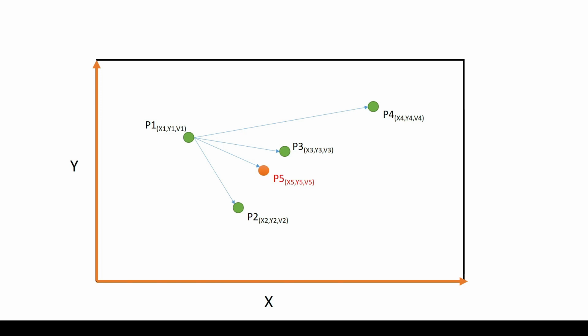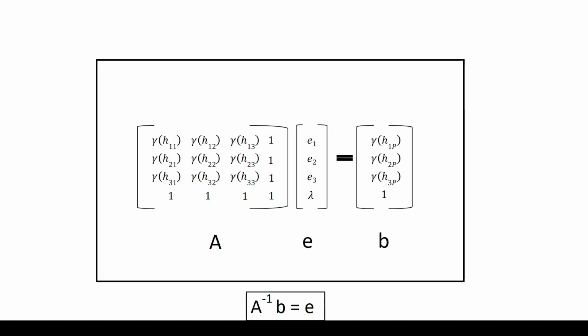But in ordinary Kriging, the assumption is that we don't know the mean, and we're not going to use that, but instead we are going to assume that the sum of the weights is equal to 1. Okay, so let's keep that in our minds, and let's move to the next thing.